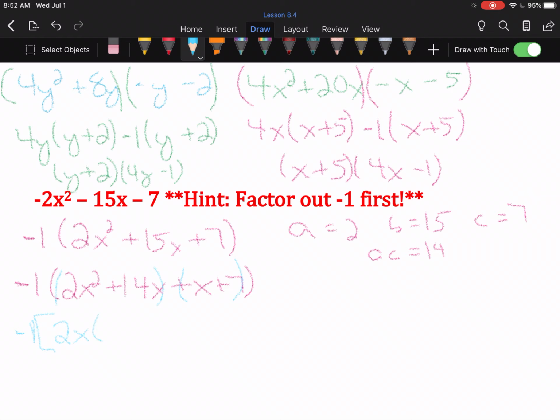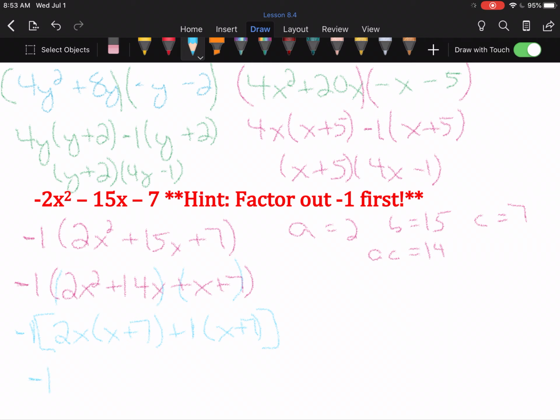When I take 2x away from each of those, 2x squared leaves me with just an x. 14 divided by 2 is 7, and the x is now gone. And in the second term, it is x plus 7. So remember, anytime that it is the binomial term, I recommend you write the plus 1 so you don't forget that that's a thing.